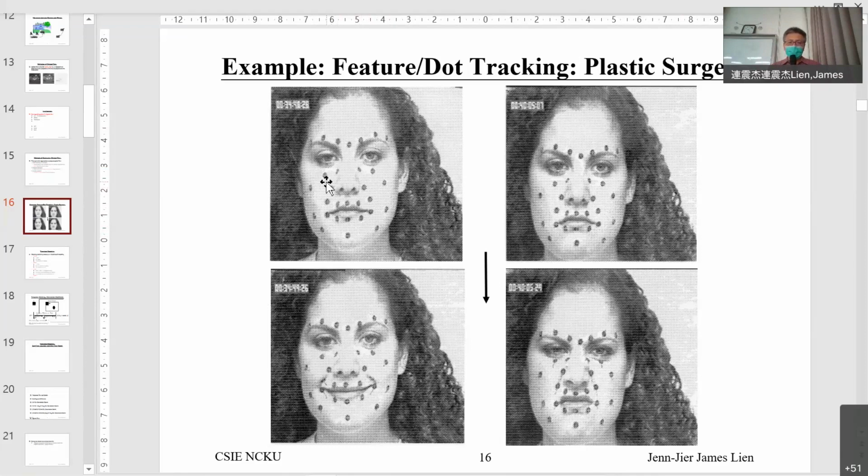So he put dots on the face and asked the patient to make facial expressions, and then they manually pointed out the dots. 他们手去点这些点，然后就有 motion。那是他们那个时候这样做。So he asked my professor Takeo Kanade, my advisor.